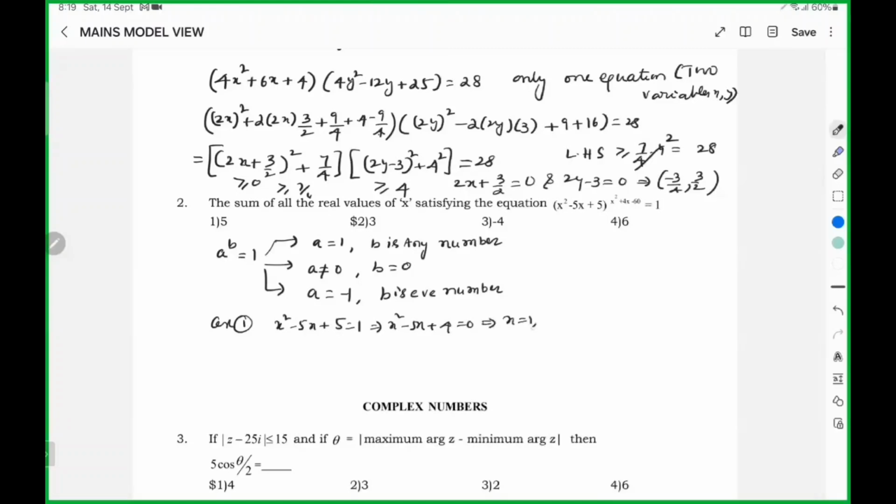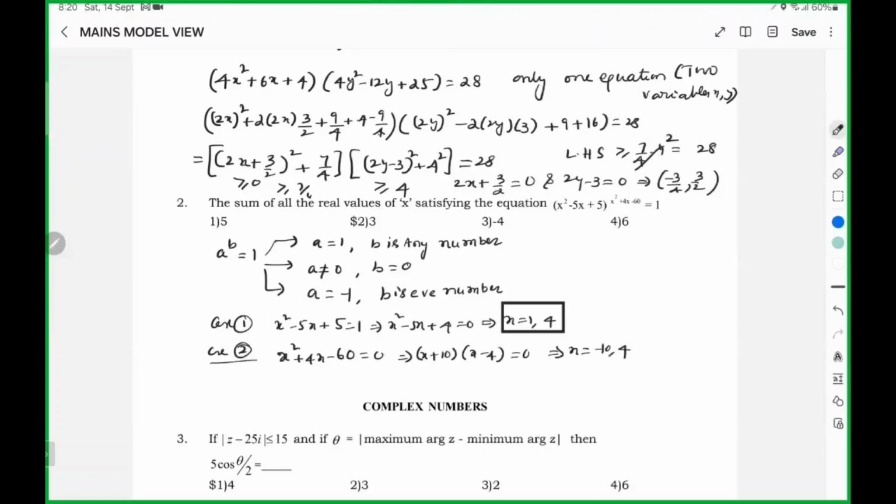Here you have two solutions, 1 comma 4. Case 2, if you take power 0, that is x square plus 4x minus 60 is 0, x plus 10 into x minus 4 is 0, x is minus 10 comma 4.